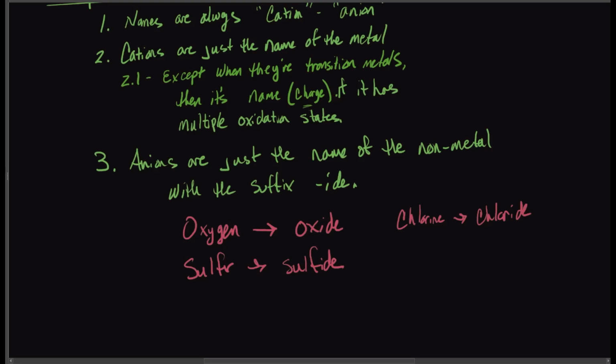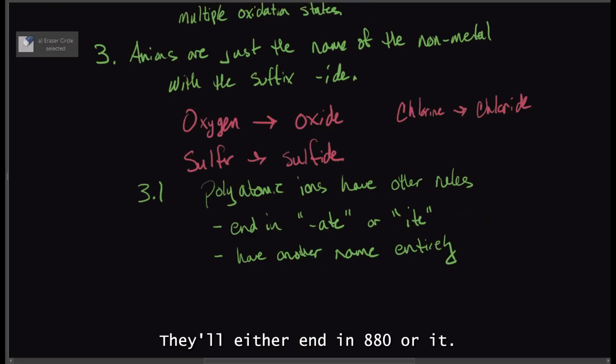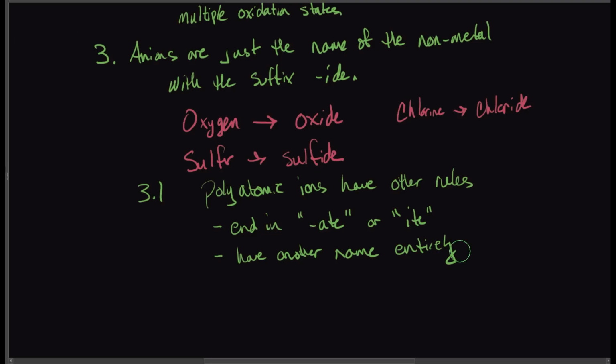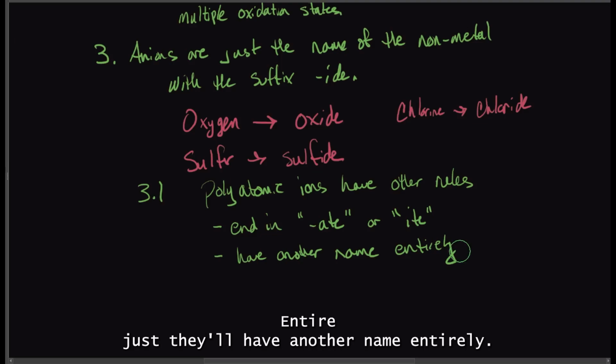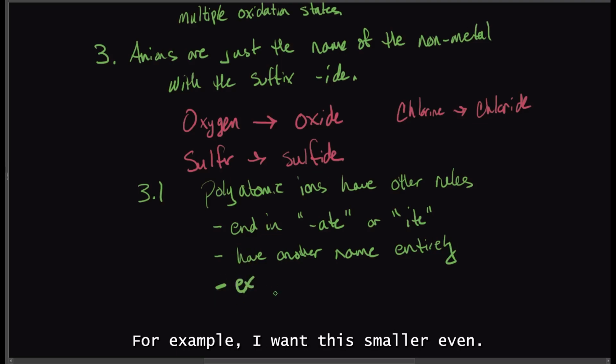Okay. If you have a polyatomic ion, then there are other naming rules. Okay, they'll either end in "ate" or "ite," or they'll have an entirely other name. For example, cyanide.